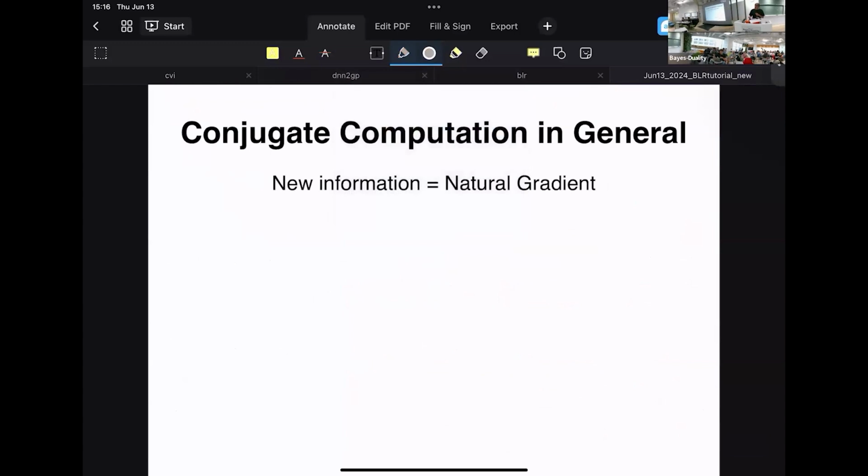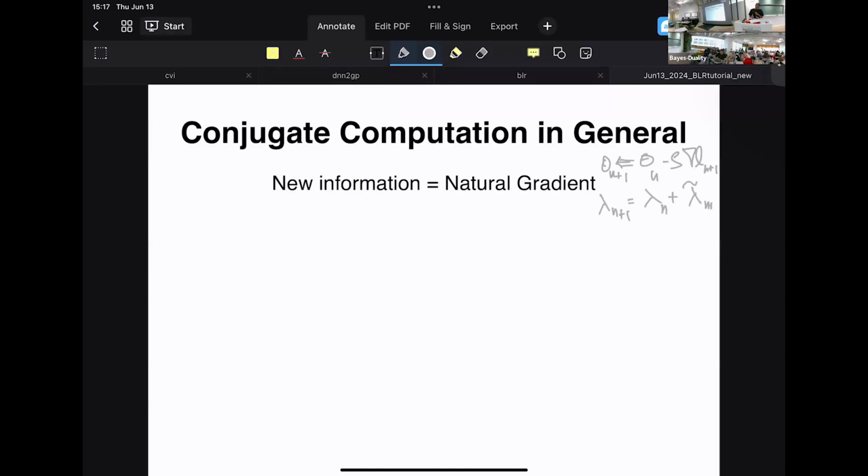So let me just write it again. Theta n plus 1 is theta n minus rho times the gradient of L n plus 1. And then I have lambda n plus 1, which is equal to lambda n plus lambda tilde n.